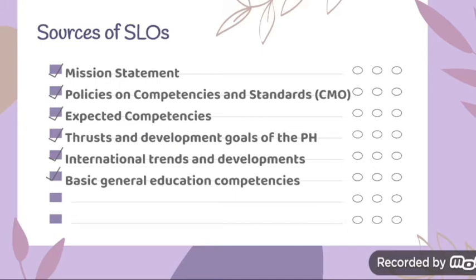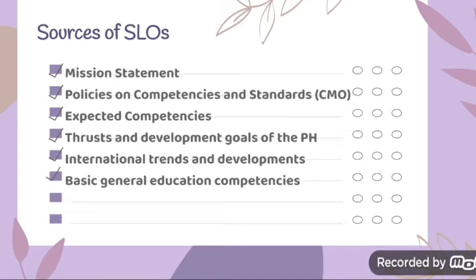Now, for the policies on competencies and standards, based on the CMO, we have the trifocalization. For higher education, we have the CHED, the Commission on Higher Education. And for DepEd, the Department of Education, which covers basic education, the high school and elementary.